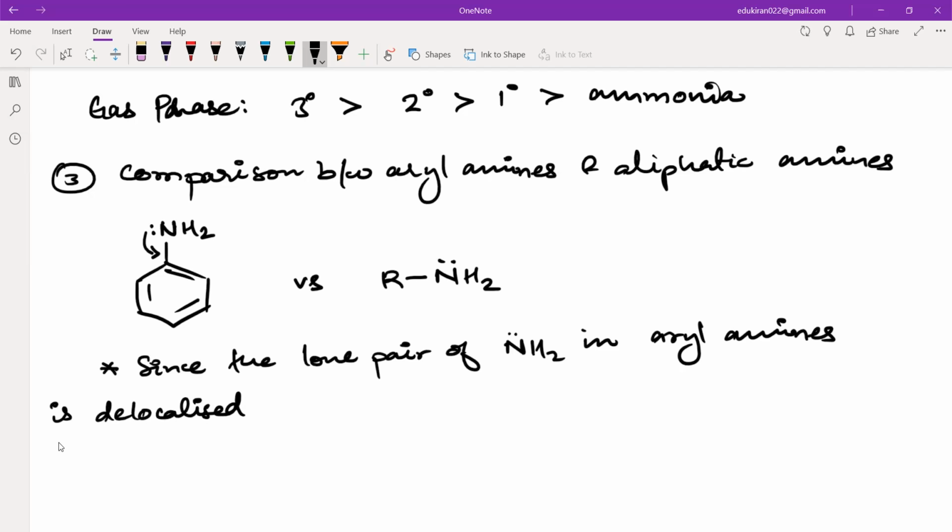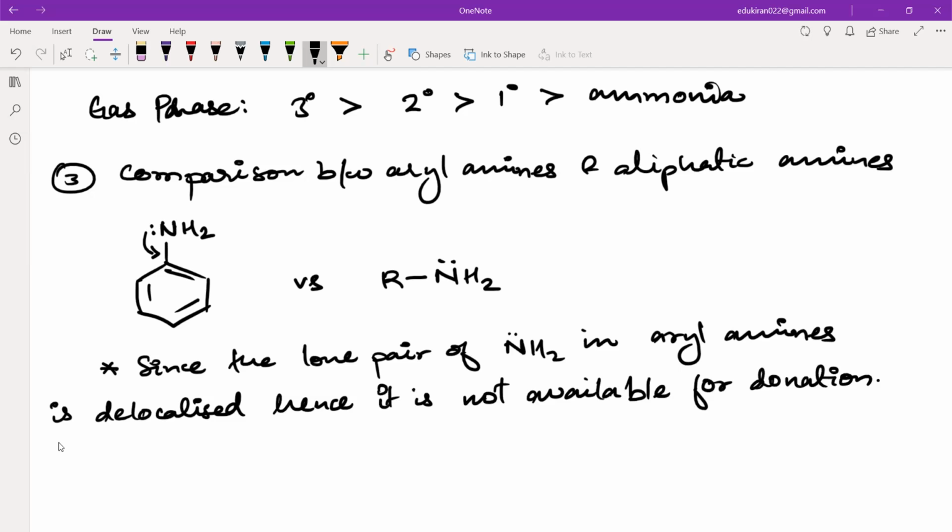It is not localized, hence it is not available for donation. And that is why RNH2 will have higher basic strength than Ar bonded to NH2. Ar means a benzene ring or any benzene derivative, an aryl amine.